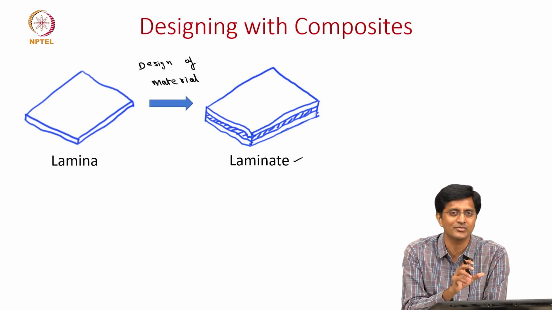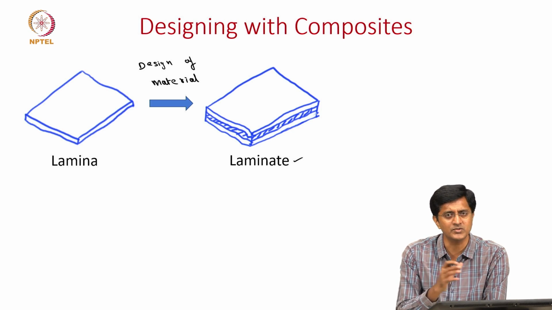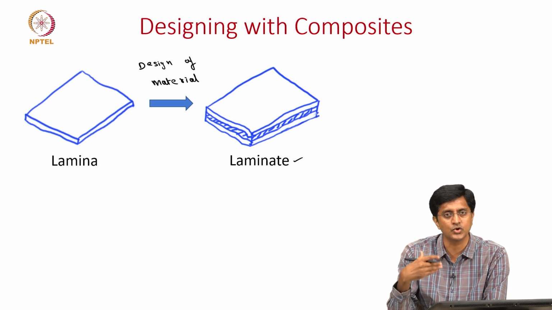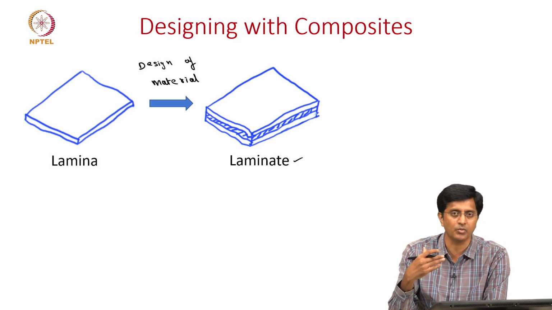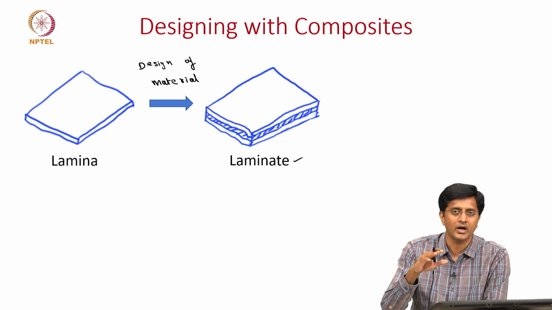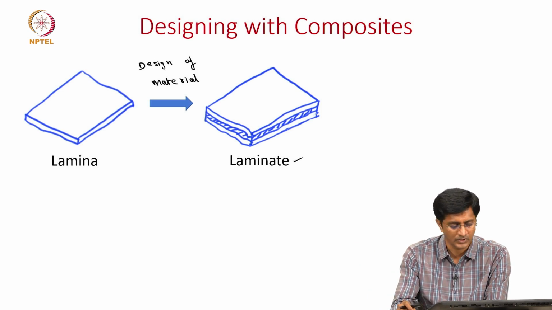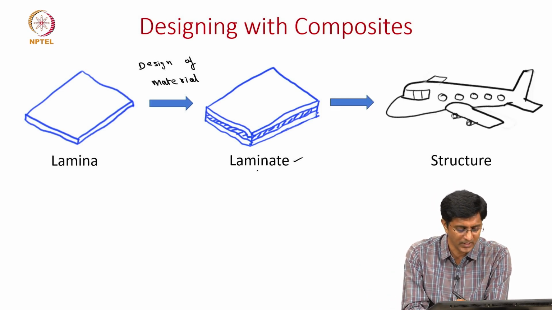This is how it is different from the design of metals, because once I take aluminum, aluminum is just one metal, and there is no scope for me to change the properties, but I can always change the shape or size of the aluminum to get to the structure. Similarly in composites, once we have the laminate, then we go to the structure.